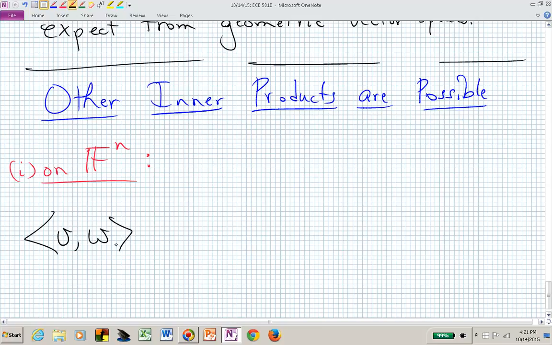We have the same two vectors, v and w, but now let's associate the following inner product. Let's say we have c1 v1 w1 star.